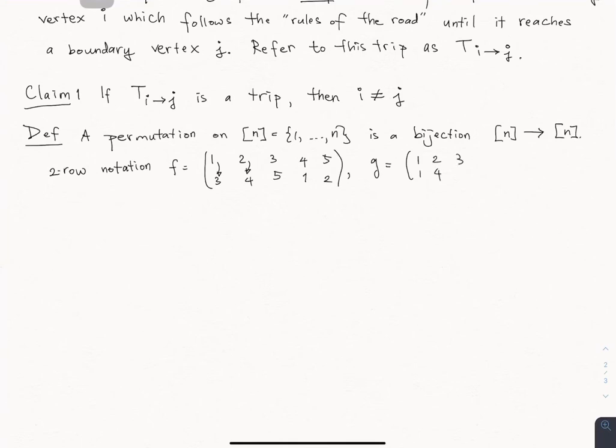So here 1 goes to 1, 2 goes to 4, 3 goes to 3, 4 goes to 2, and 5 goes to 5. We also have a 1-row notation. So for F, we would just write the bottom row, 3, 4, 5, 1, 2. And for G, the bottom row is 1, 4, 3, 2, 5.